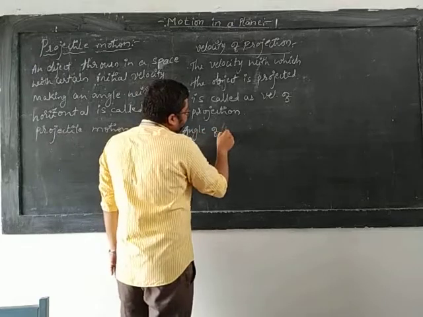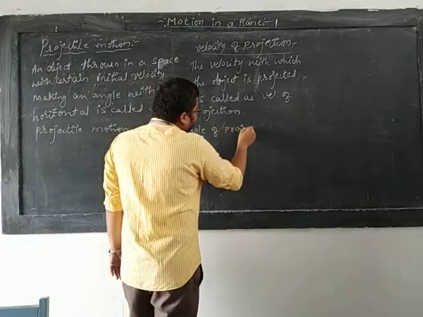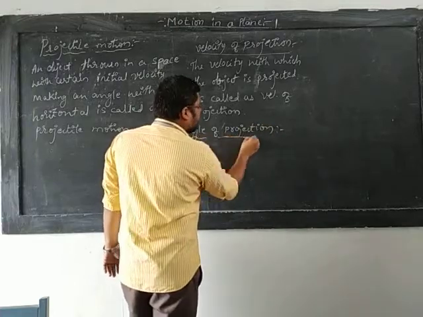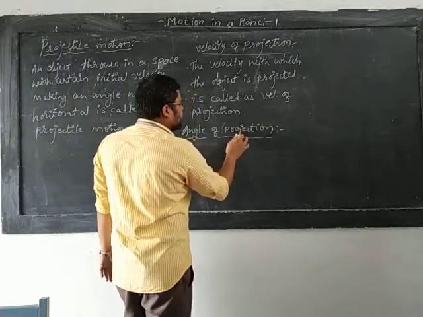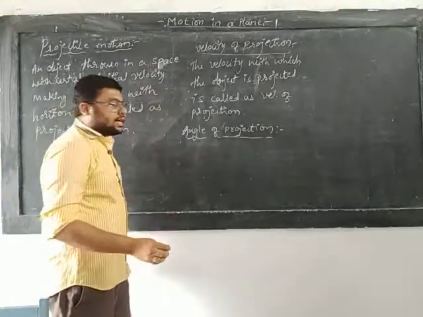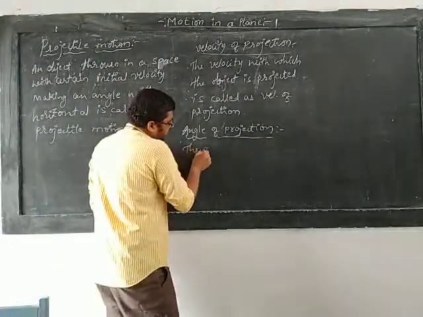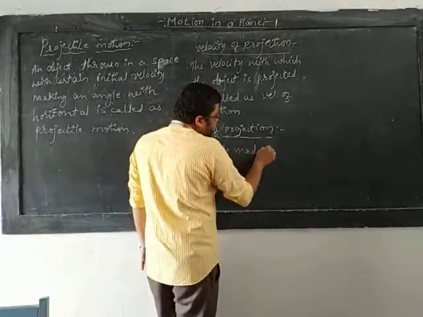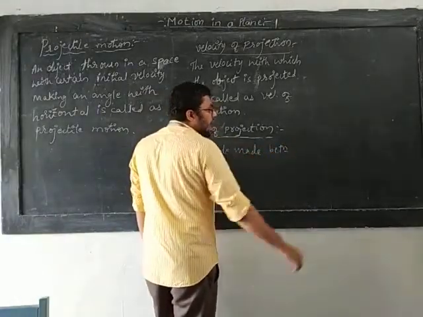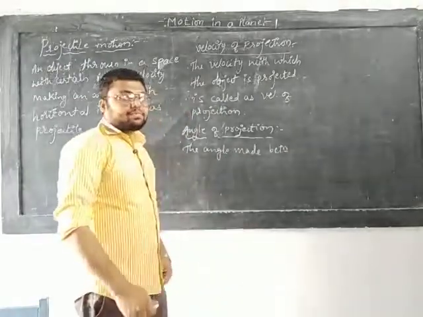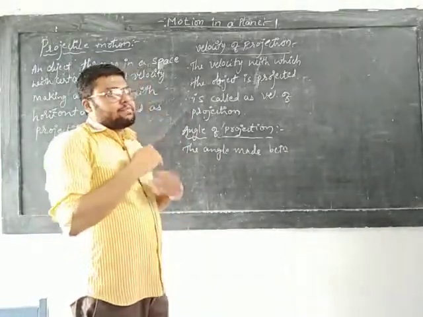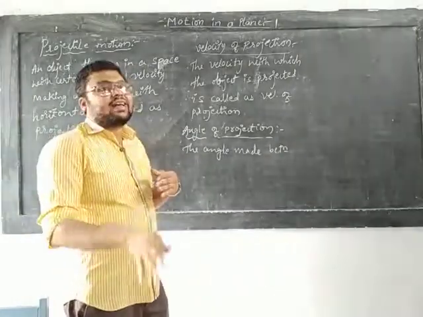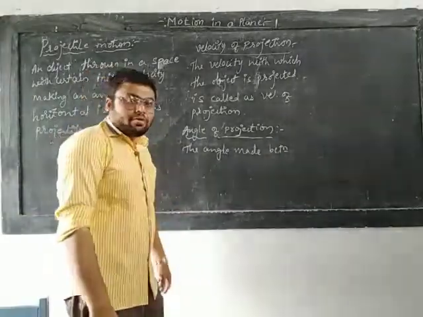The next one is angle of projection. So here the angle made between the path of the projection and the horizontal, or the direction of projection and horizontal, is called as angle of projection.